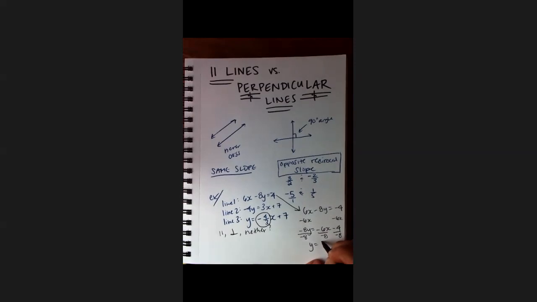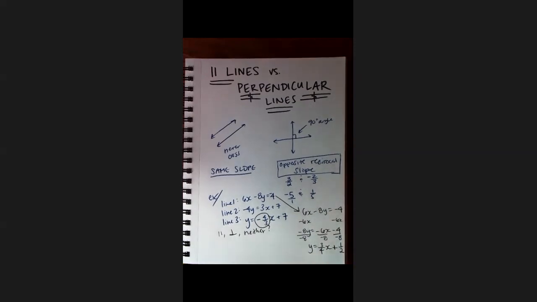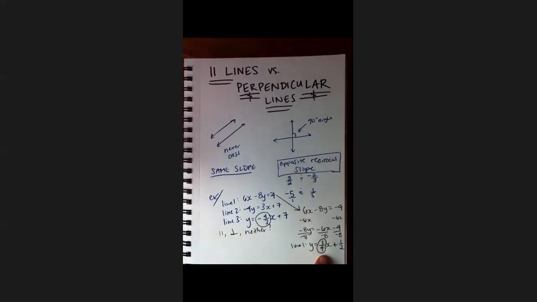And we would get y equals 6/8, which is reduced to 3/4 x plus 1/2. So what is the slope of line 1, Lisa? 3/4, because that's your m, or what is right behind your x. So the slope of line 1 is 3/4.